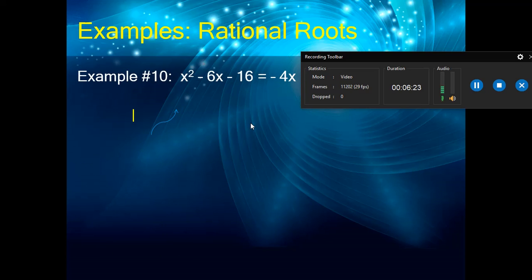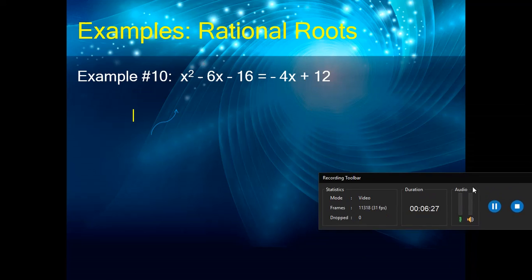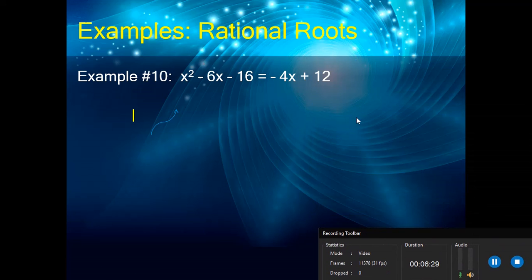For our last example, number 10, it does say that you can use decimals. What I'm going to do is add 4x to both sides, but I'm also going to add 16 to both sides. So the constants are going right, the quadratic and linear terms are going left. So we'll end up with negative 2x and then a constant of 28.